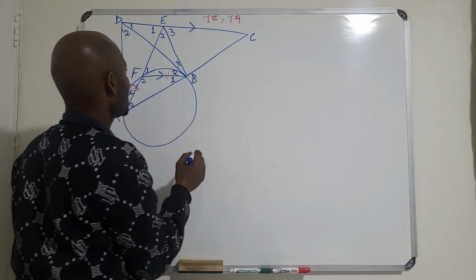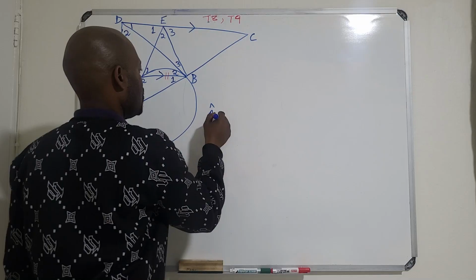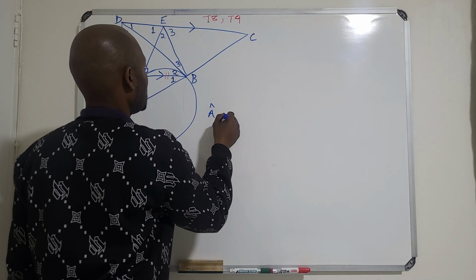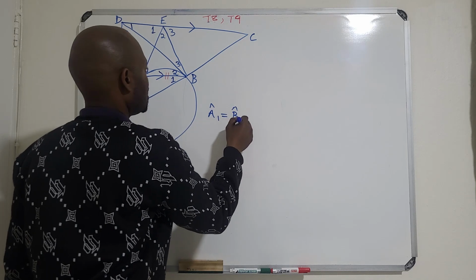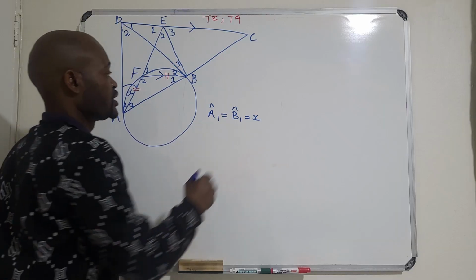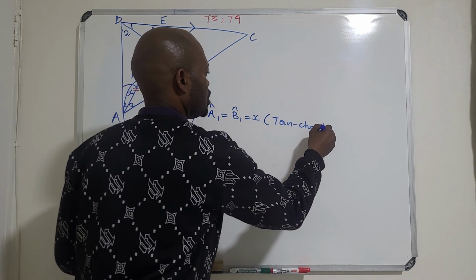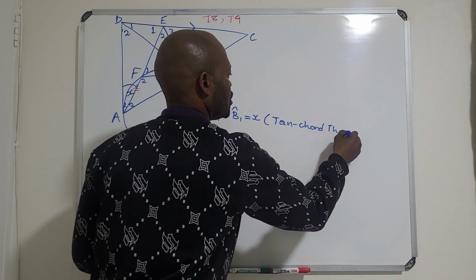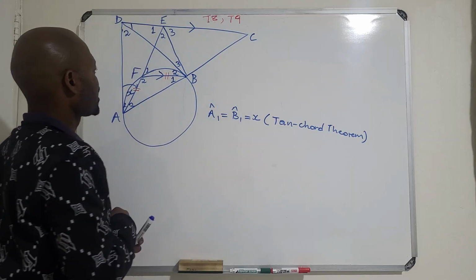So we start: angle A1 is equal to angle B1, which is equal to x. Reason: tan chord theorem. Now this is the first angle equal to x.